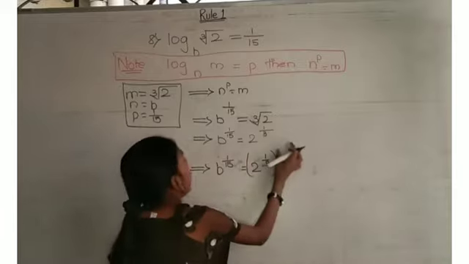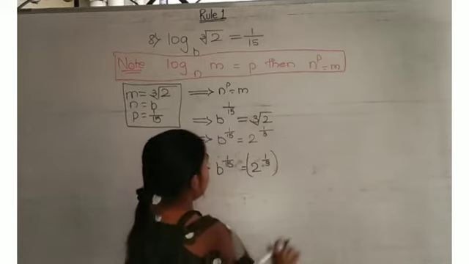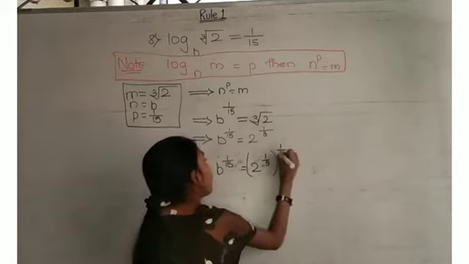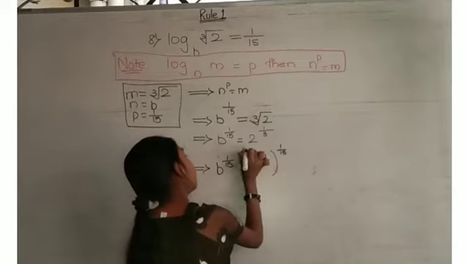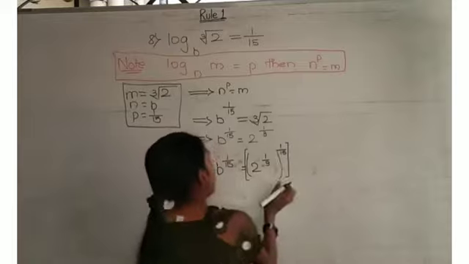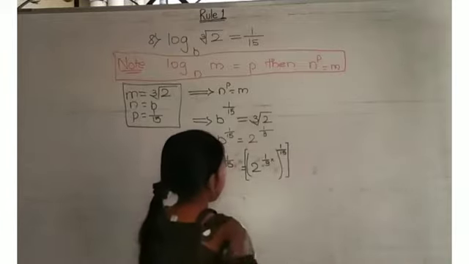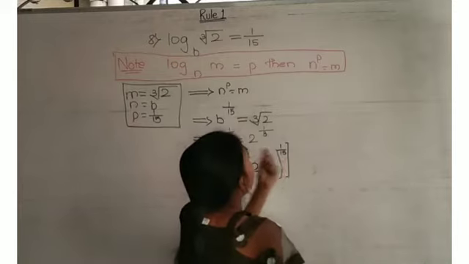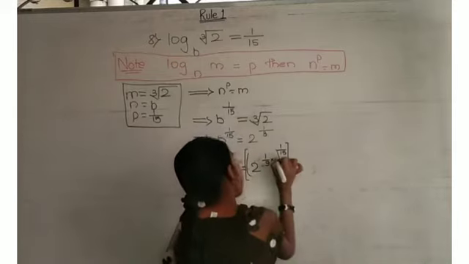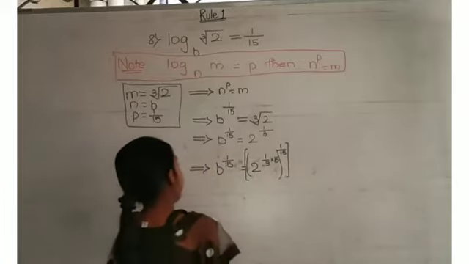Now this we are going to write here because of the cancellation. So 1 upon 15. And here we are going to multiply by the reciprocal of 15, that's why we are going to multiply by 15.